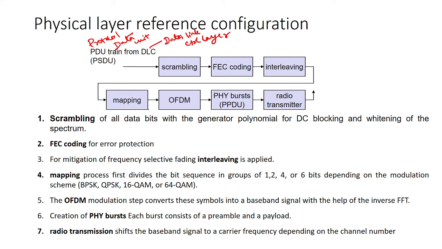From there the data goes to scrambling, the first part. In the scrambling part, all the data bits use a generator polynomial of, for instance, x power 7 plus x power 4 plus 1.